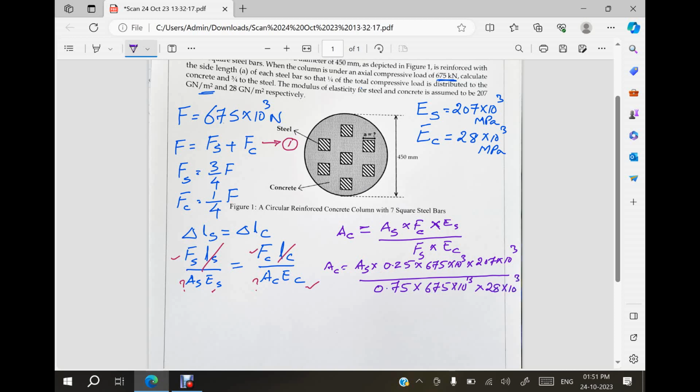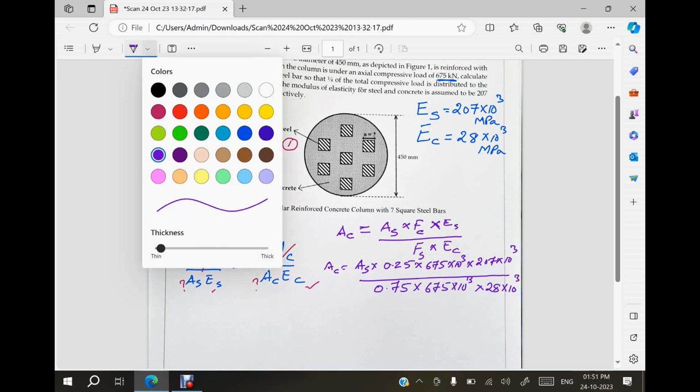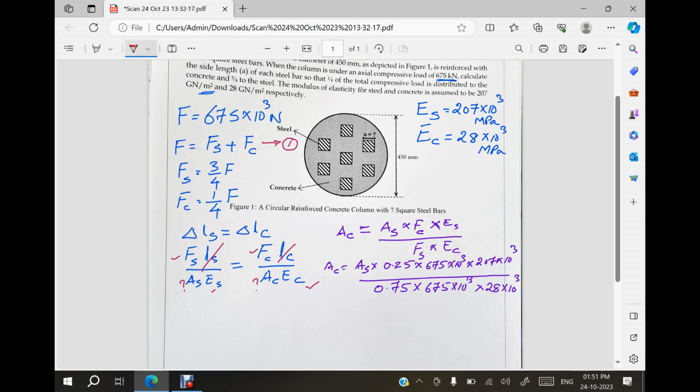Now let's try to cancel those things which are not needed. See, this 10 cube will go here, 10 cube will go here. Then what else is there? This 675 into 10 cube, 675 into 10 cube will go away.